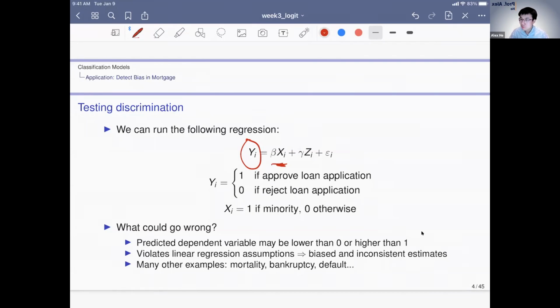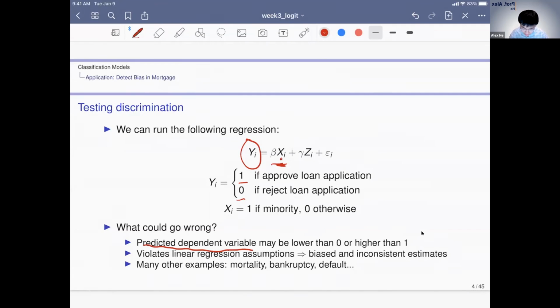However, as we talked about in the first class, whenever you have a dependent variable that equals 0 or 1 and is not continuous, when you do a linear regression, there could be some problems. One problem is that your predicted value may go out of bounds. Because x is continuous, the predicted value will also be continuous. So it will not necessarily be 0 or 1 or between 0 and 1.